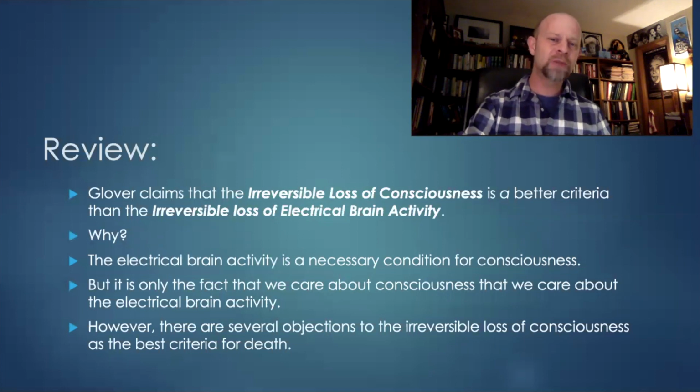And so that seems like a pretty good reason to reject the irreversible loss of consciousness as an adequate analysis of what it means to be dead. Now, according to Glover, there is what he calls the double test view. This is supposed to help us deal with some of these problems with the two different criteria.